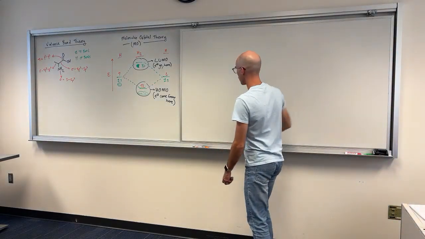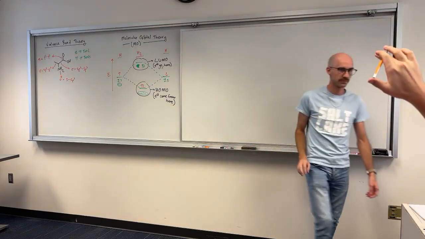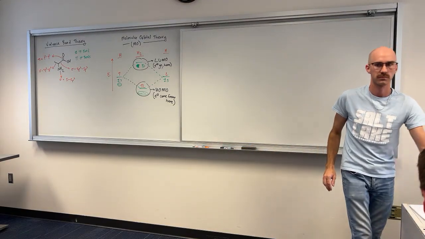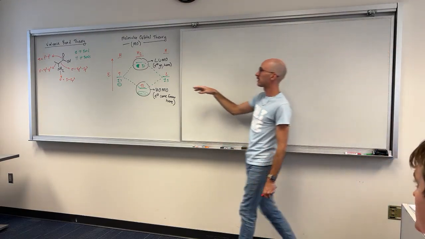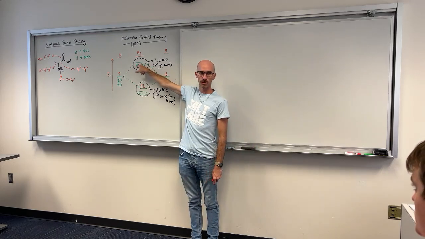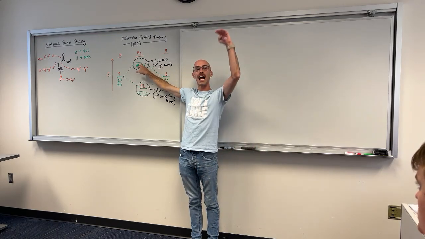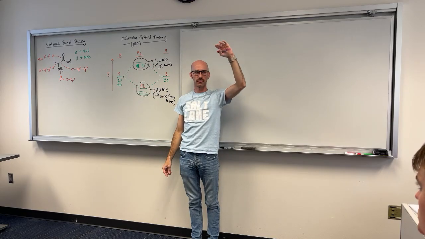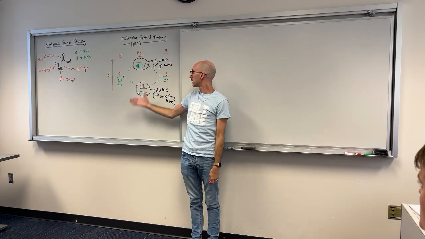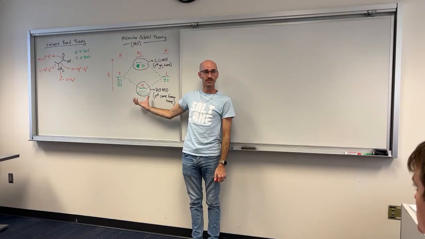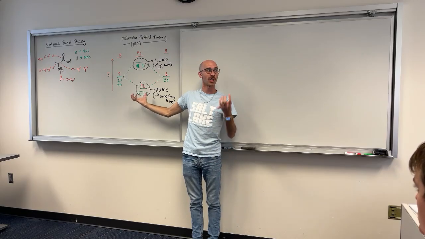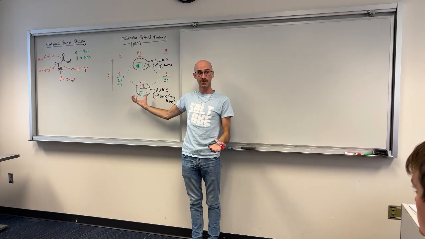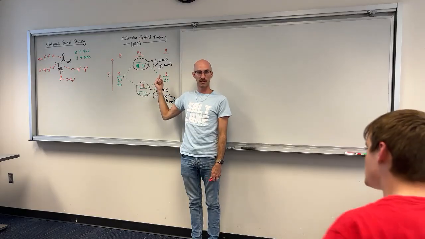A couple of other terms I want to put up here. What's an antibond? An antibond is electrons in an orbital that result in higher energy than the atoms being separate from each other. So for instance, H2 is stable because the electrons are lower in energy together than they are separate.